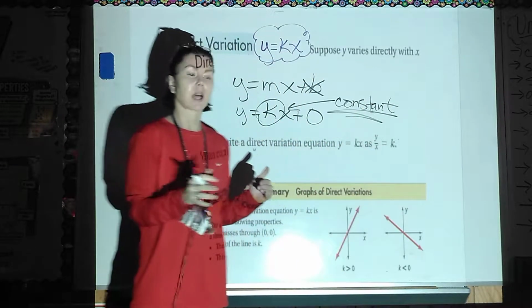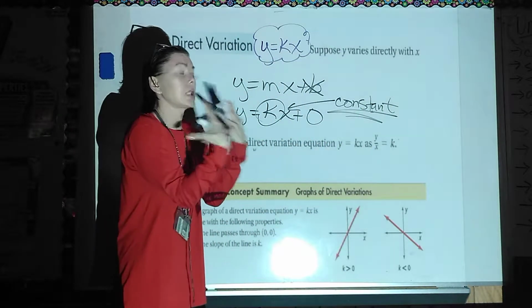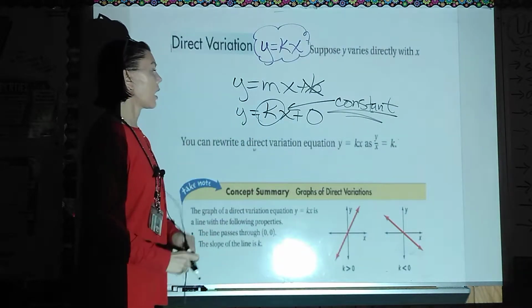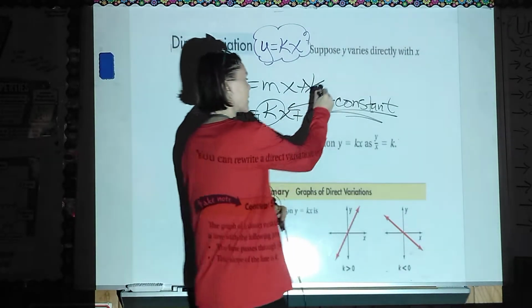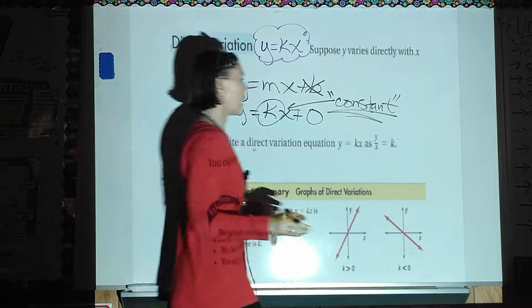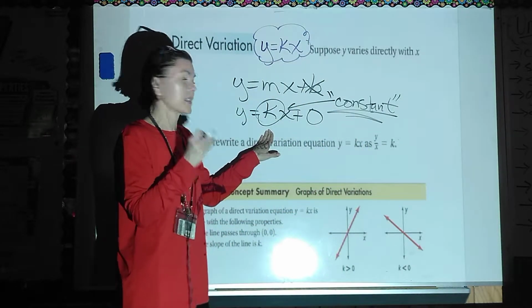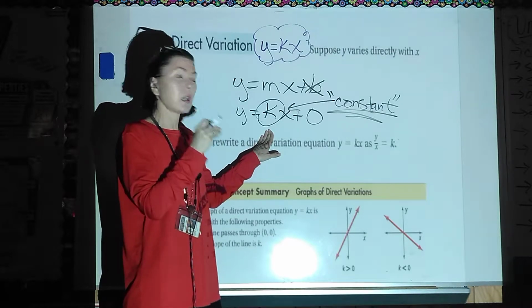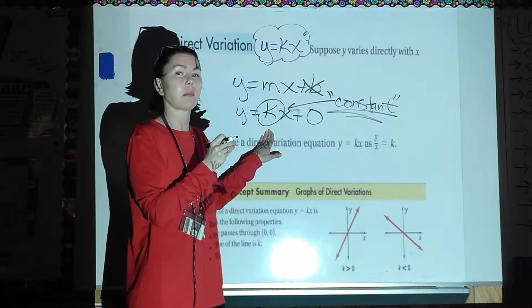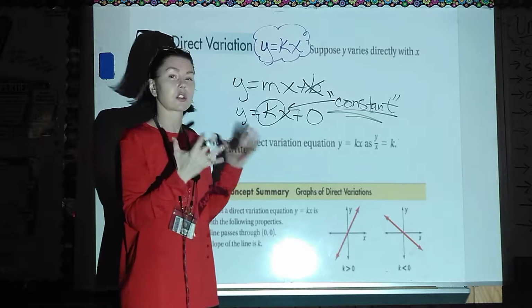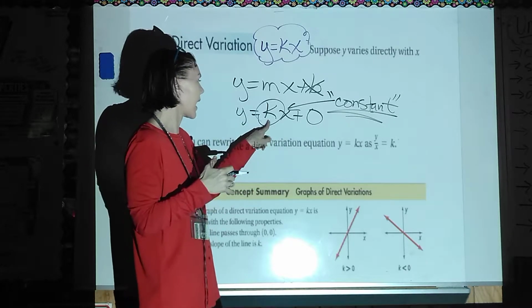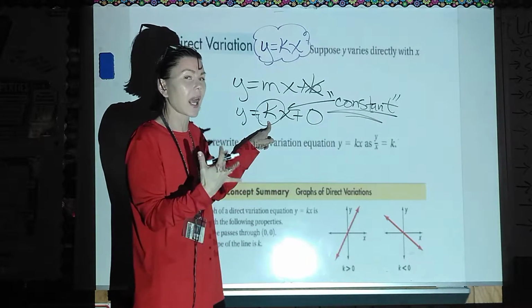Constant, like if you say the word constantly, means it has to be the same number. K has to equal the same number every single time in order for this to be a direct variation. You can't have different numbers for k.